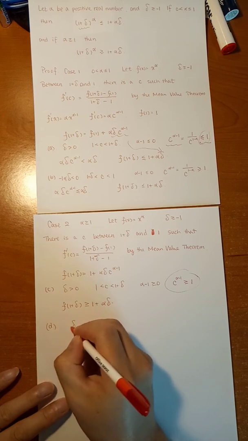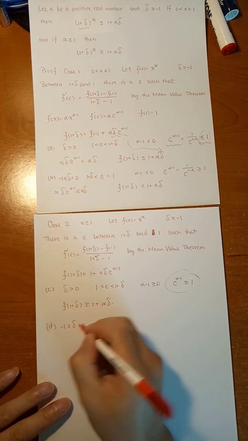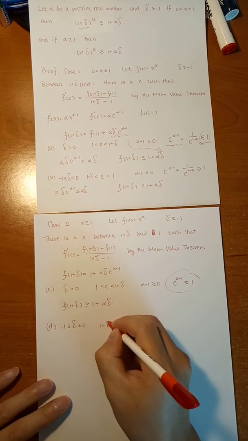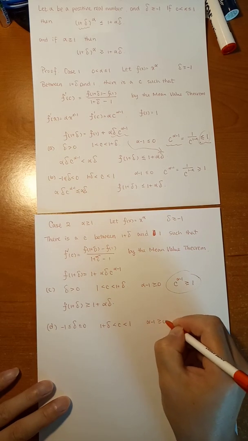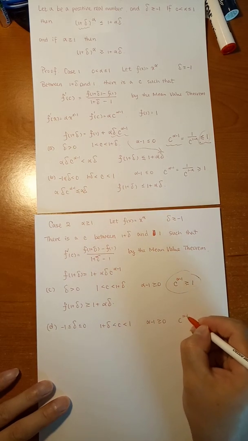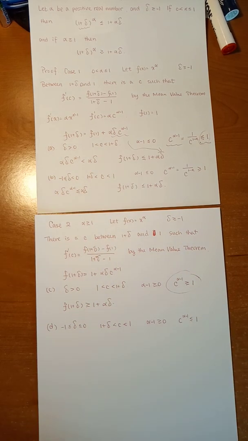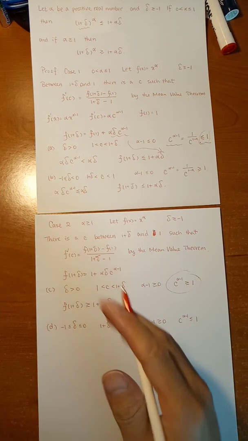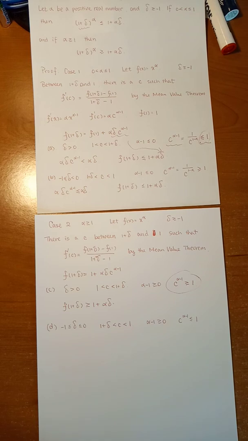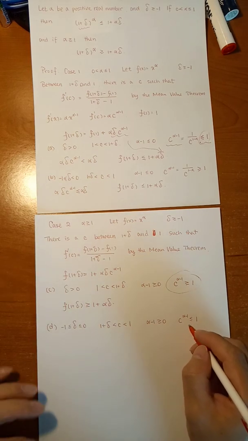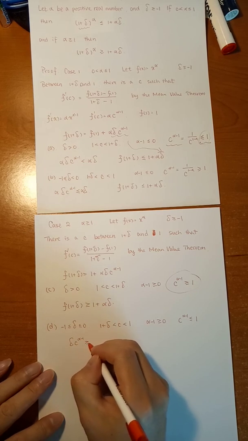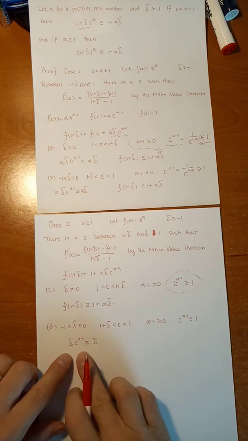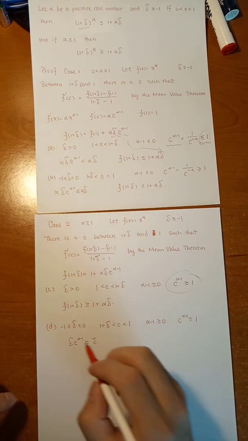Case D, if delta is between -1 and 0, then 1 plus delta is less than c, which is less than 1, and alpha minus 1 is still positive. In this case, c to the power alpha minus 1 is going to be less than or equal to 1, because the base is less than 1. It's a decreasing function. Then you multiply this inequality by delta. Delta is a negative number. You multiply the inequality by a negative number, you flip the inequality.